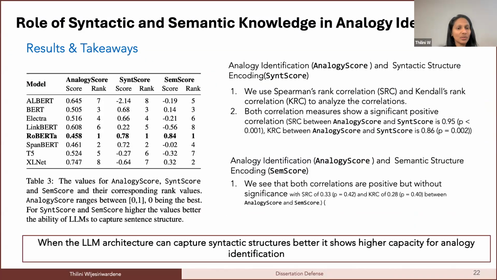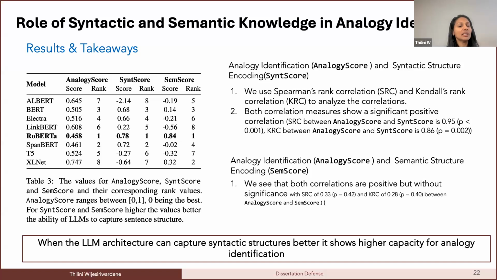So moving on. What is the key takeaway? We looked at Spearman rank correlation and Kendall's rank correlation to see what the correlations are. What we saw was analogy score and syn score correlate significantly, but analogy score and sem score did not have a significant positive correlation.